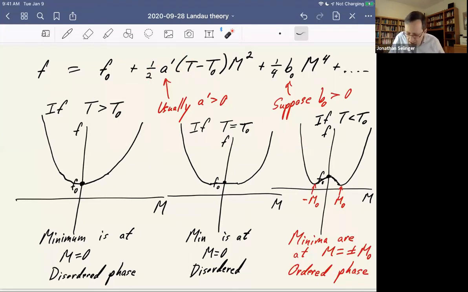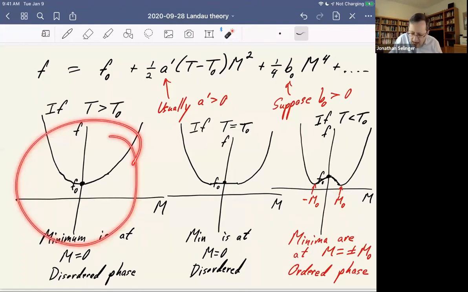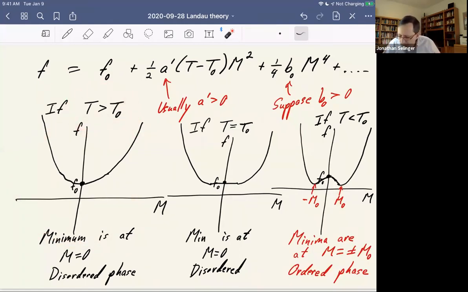We can see that the sign of A prime is positive, that positive sign goes along with the idea that we have the disordered phase at high temperature and the ordered phase at low temperature, right? If A prime were negative, it would be the other way around, right? If A prime were negative, then we would get order at high temperature and disorder at low temperature, okay?